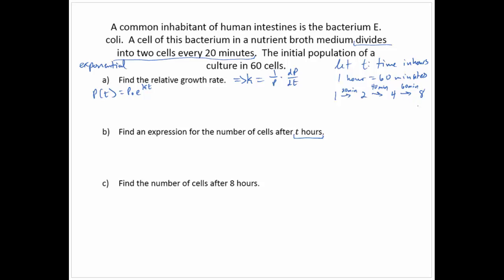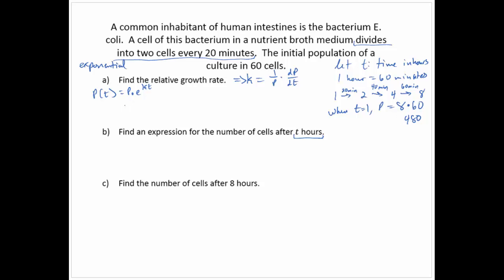So what that tells me is when t is 1, the population is 8 times the original number of cells, which would be 60. So P of t is P naught e to the kt.